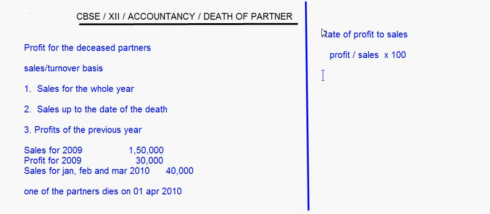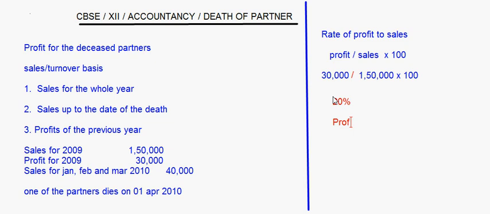So that comes to 30,000 divided by 1,50,000 into 100, which comes to 20%, right?